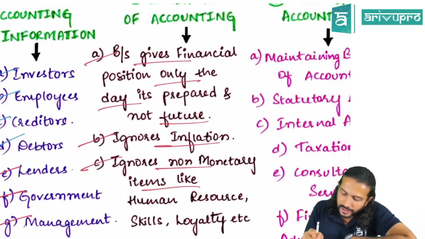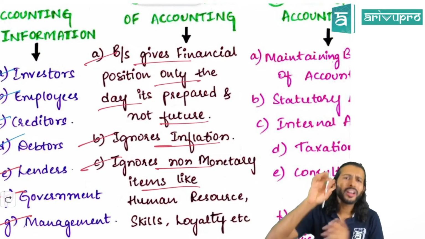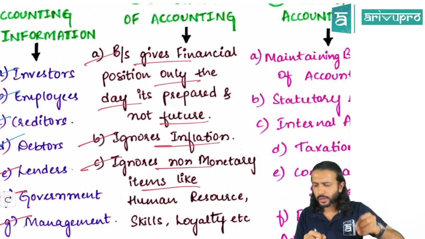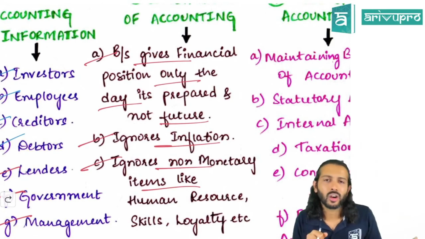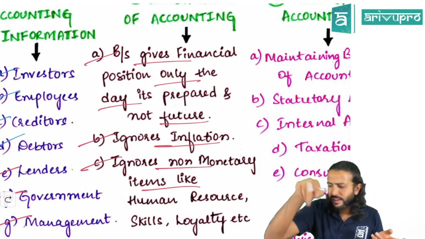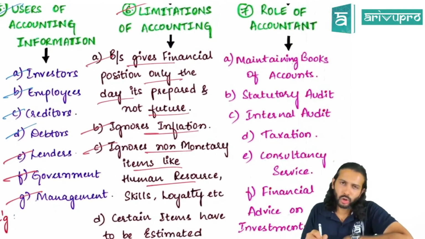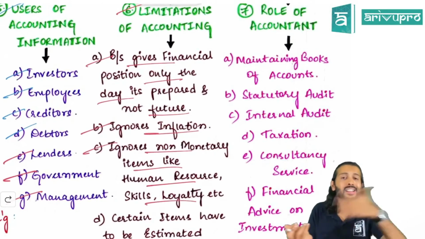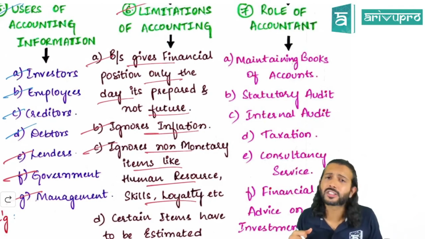The third factor is it ignores non-monetary items. In accounting, we only record monetary transactions. Meaning, if you can express a transaction in terms of money, then only we record. If you cannot express it, then we cannot record that. So that is one of the disadvantages. Like human resources, skills, loyalty, because many employees might be working for 10 years, 15 years in the organization.